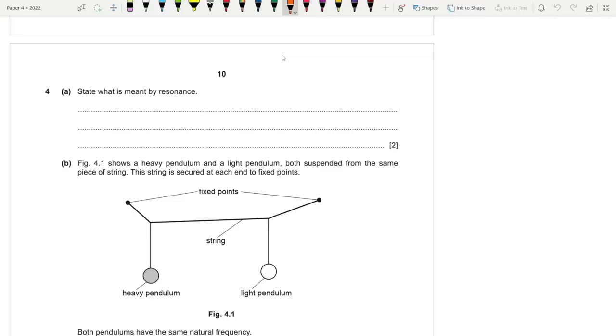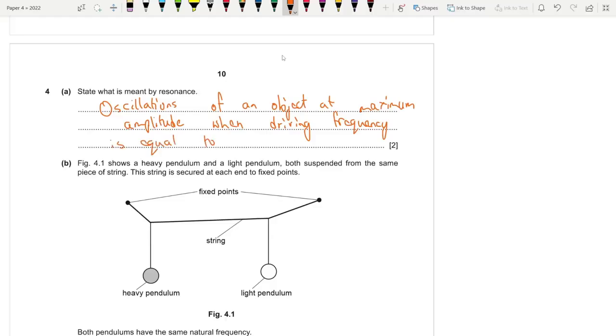So we state like this: the oscillations of an object at maximum amplitude when the driving frequency or the drive frequency is equal to the natural frequency. Okay, that's all.